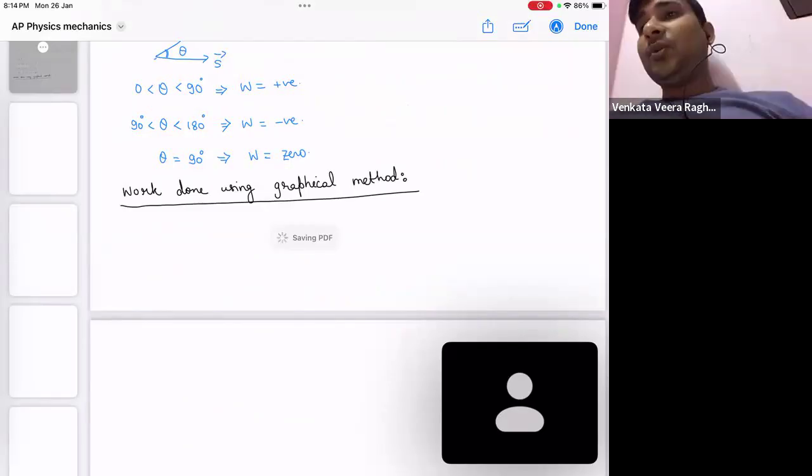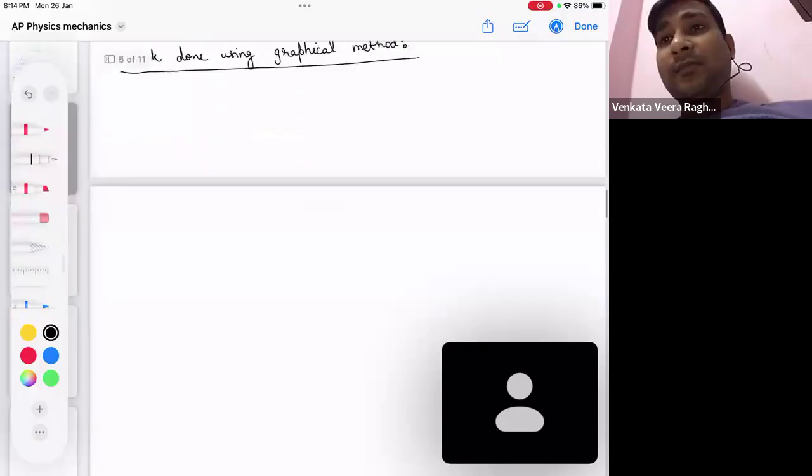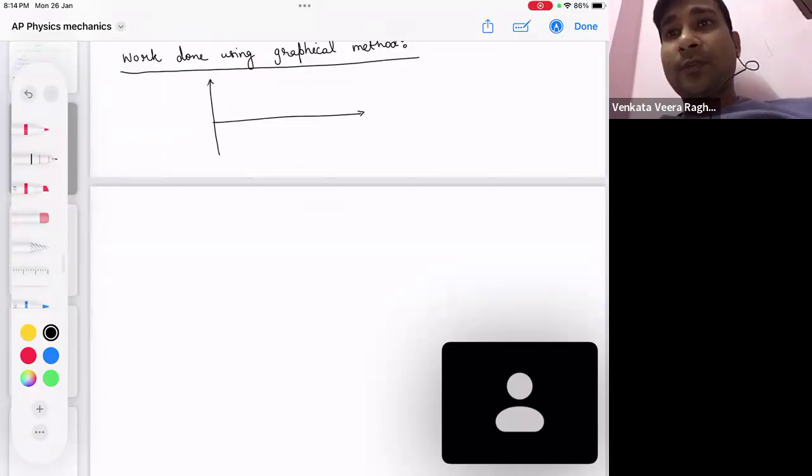Sometimes they will give you a graph between force versus displacement. What graph is given here in the question? The graph given in the question is force, what is the unit? Newton. Displacement, what is the unit? Meter. Okay, and this kind of graph is given to us like this.